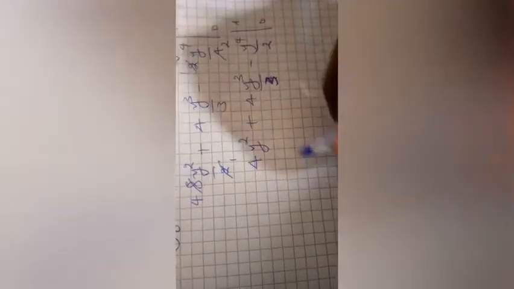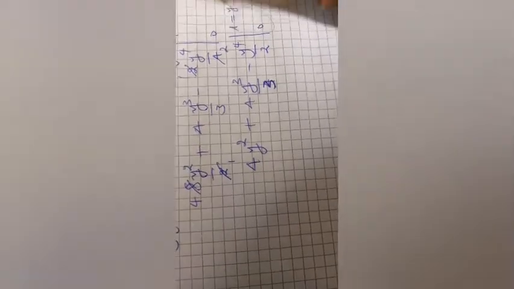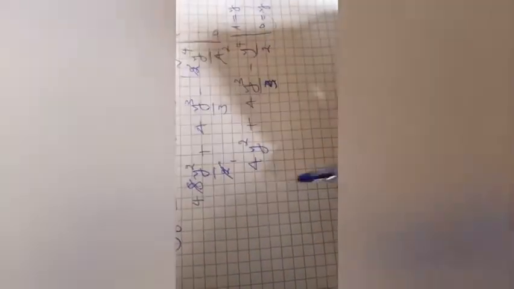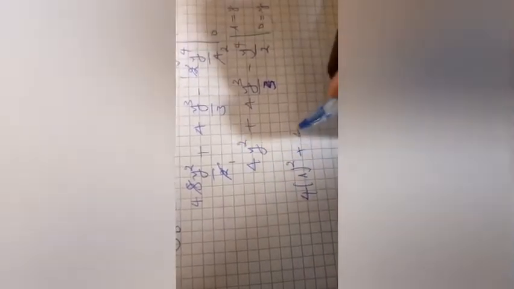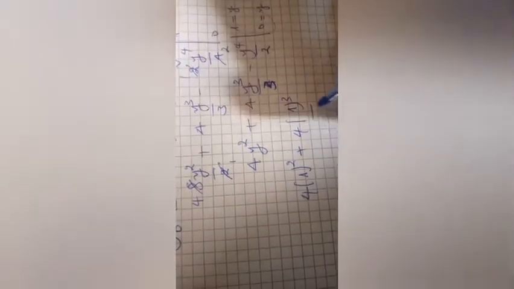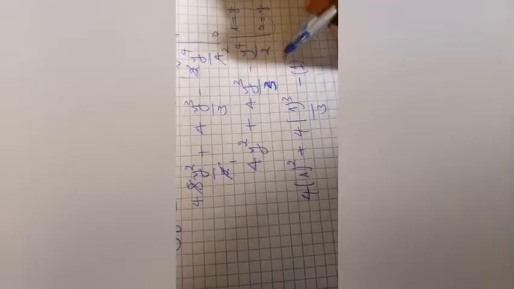Here I want to replace these values, because we know that this is equal to y. And then 4 times 1 squared plus 4 times 1 power 3 over 3 minus 1 power 4 over 2.